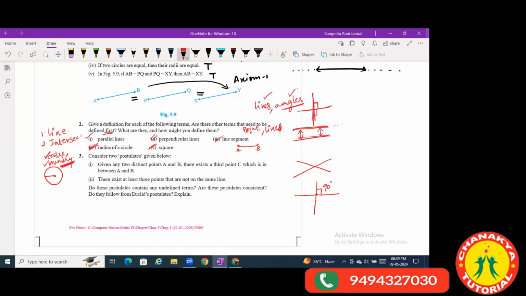And to study about a square, we should know about polygons first. And four-sided figures, we should also know about quadrilaterals.